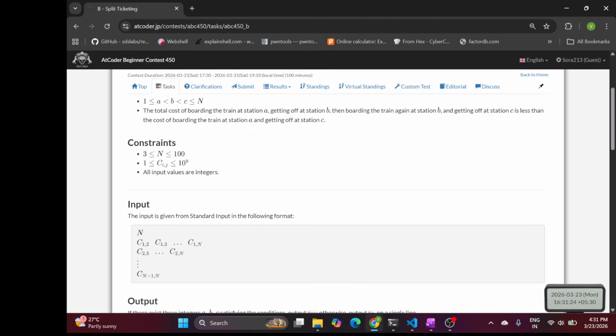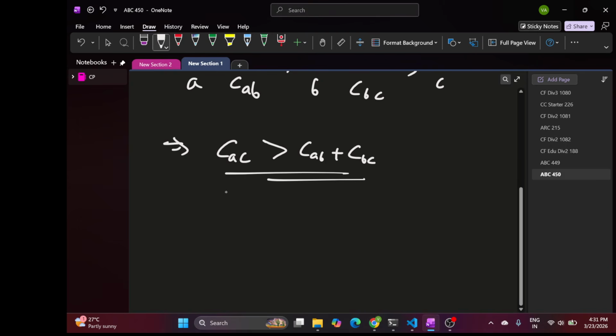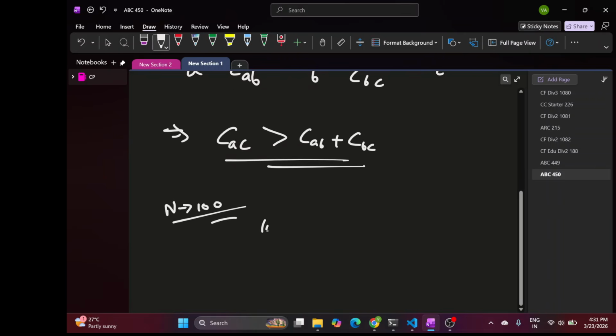We have n points and we are given all such values. Since n is only up to 100, what can we do? If we choose three integers from 100, that is 100 C 3, or NC3, which is basically O of n cube.